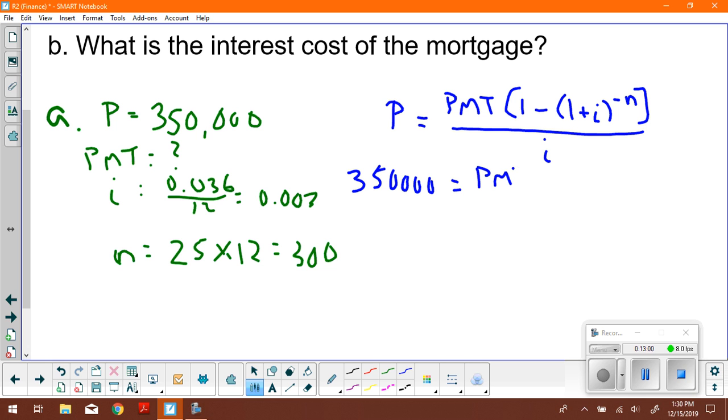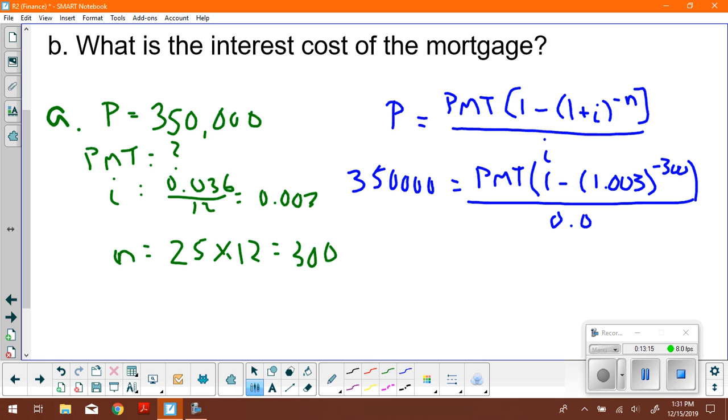We are solving for payment. 1 minus 1.003 to the negative 300, all over 0.003.